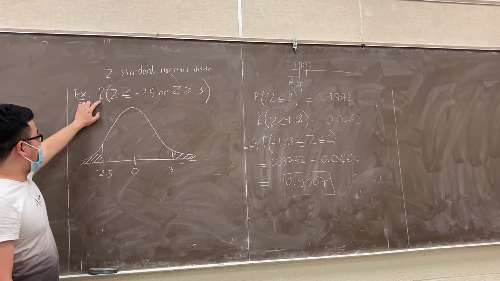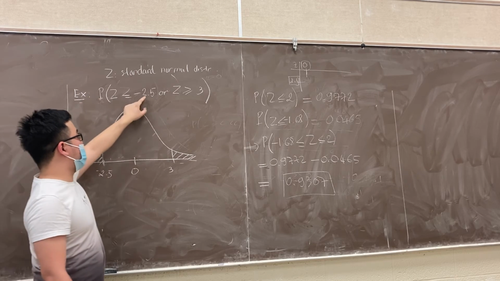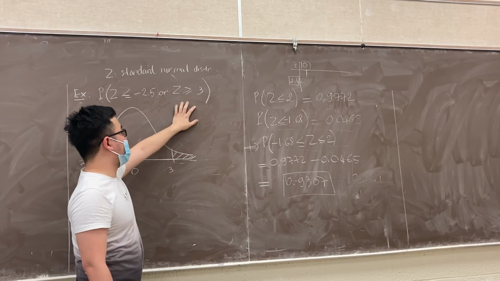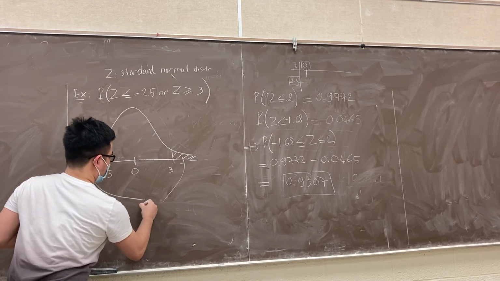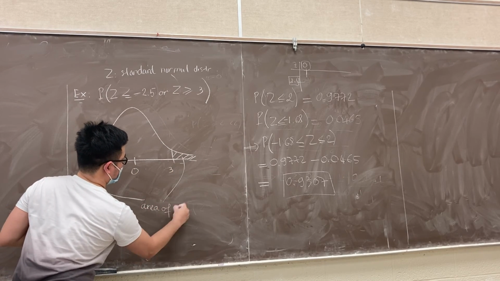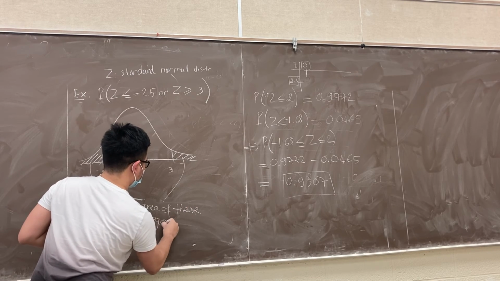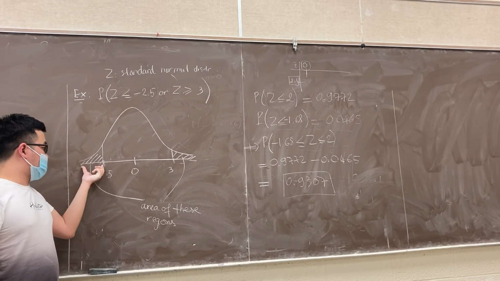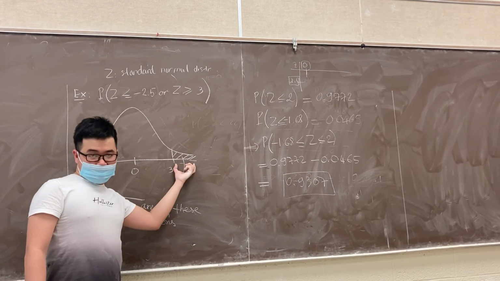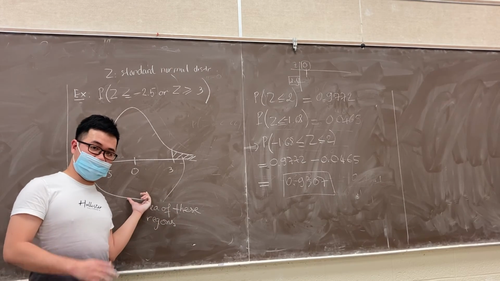So to calculate the probability of Z less than or equal to negative 2.5 or Z greater than 3, we only calculate the area of these regions and make the sum of them. Is it clear? That's the idea.